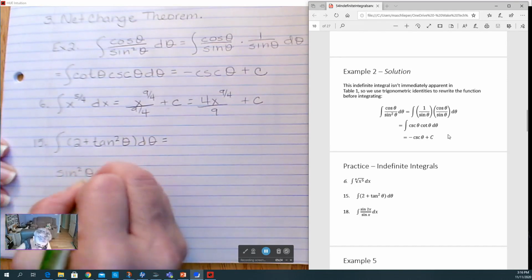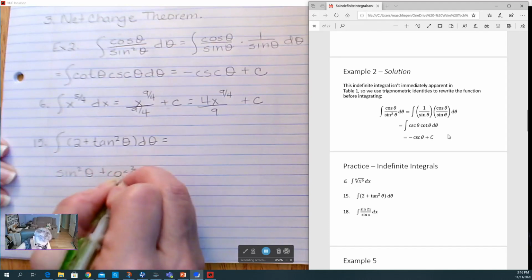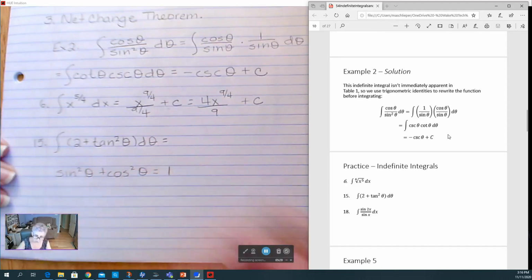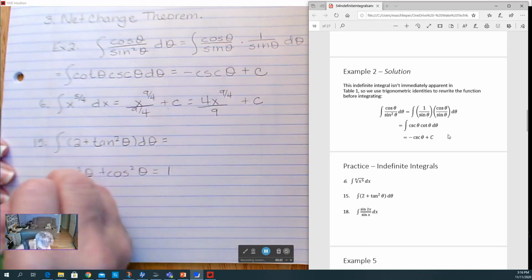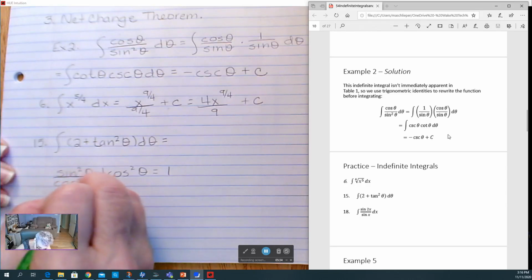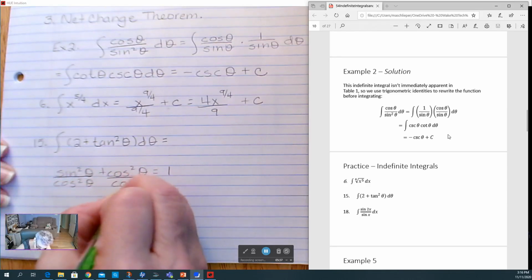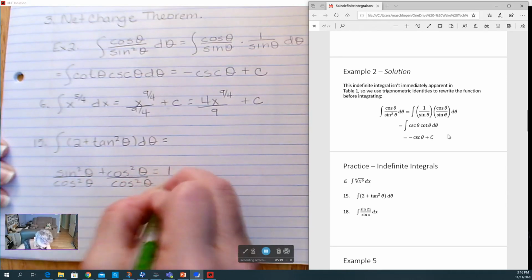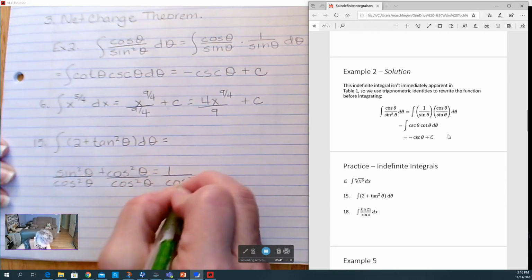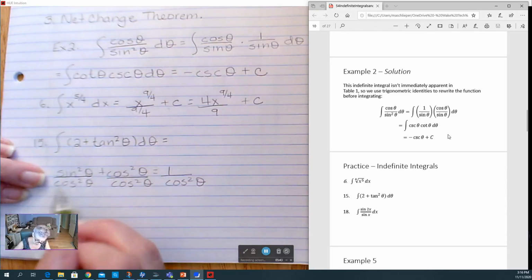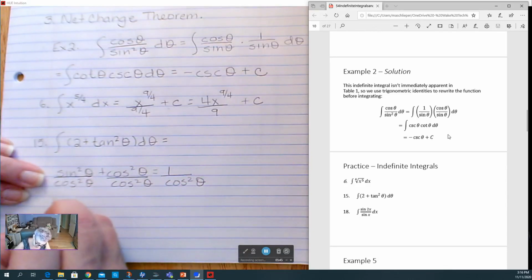If you've forgotten that, remember you can always get the Pythagorean identities back. Sine squared plus cosine squared is equal to 1. Tangent is sine over cosine, so divide everybody by cosine. So sine over cosine is tangent.